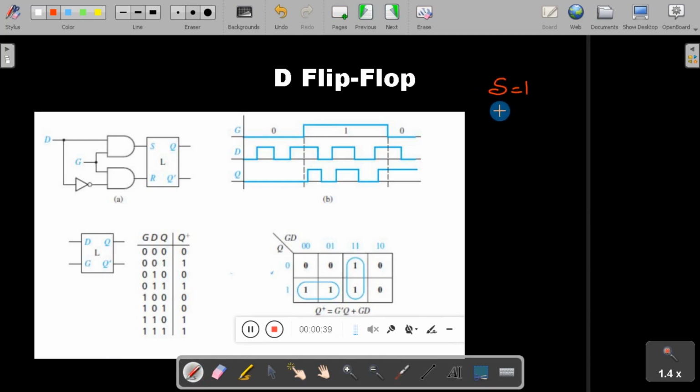To reset the flip-flop, you have to make R equal to 1. But because of these two inputs, this gives a problem during the serial transmission of data. So, in order to avoid this, we are using a D flip-flop.